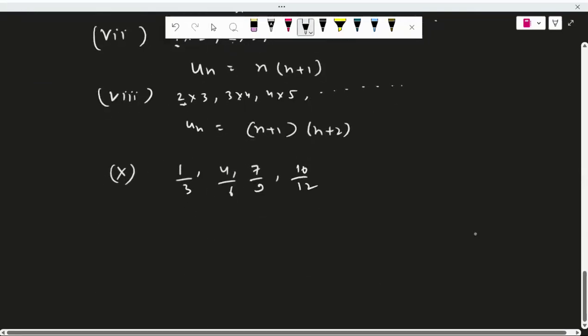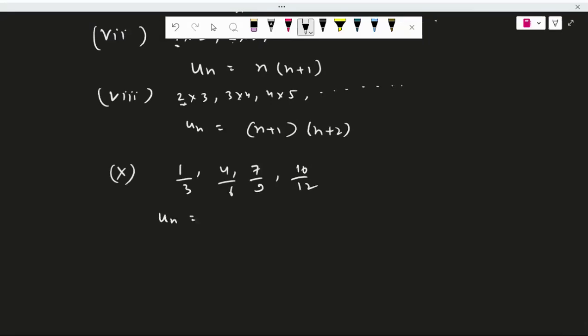The numerators are 1, 4, 7, 10. Yes, Rajvi. What will be the general formula for this sequence? I'm just trying to see. Hold on. So it's 3.